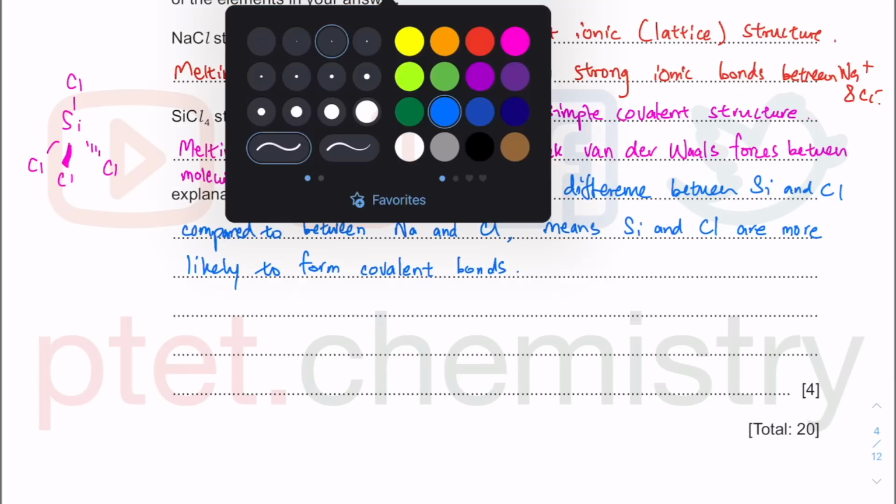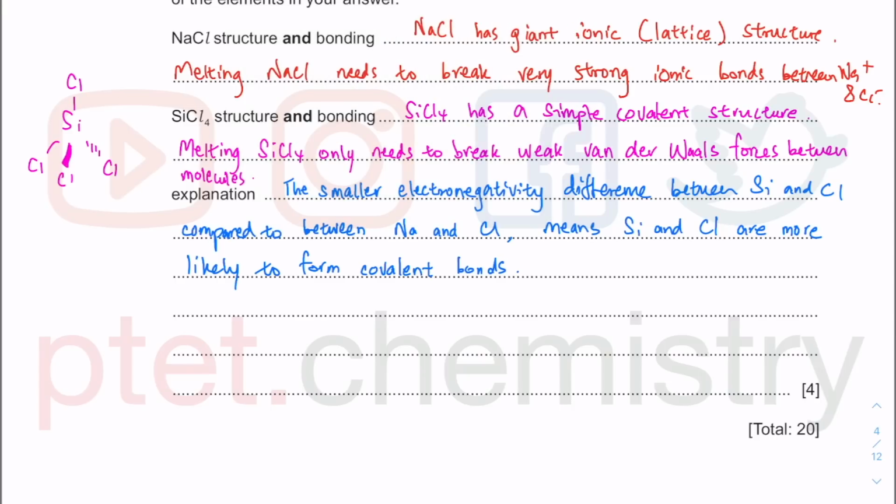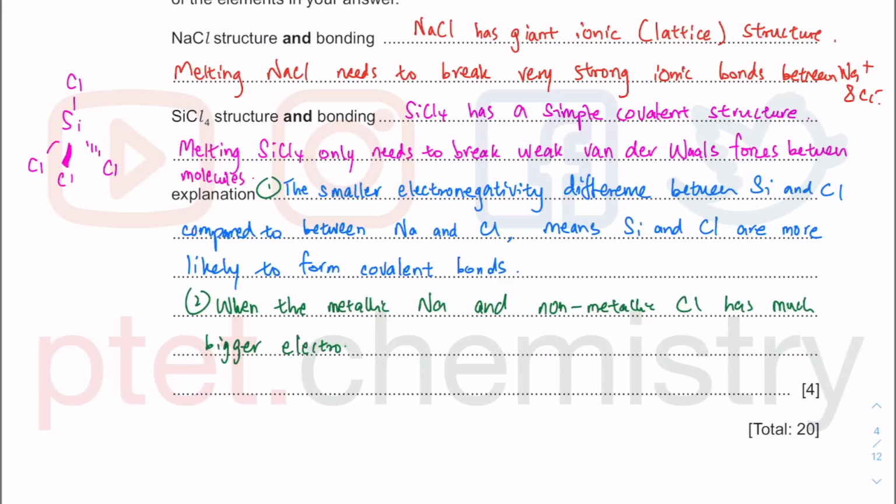I haven't mentioned anything about the ionic bonds, so I don't think I'll get the full marks yet. So when the metallic sodium and non-metallic chlorine have a much bigger electronegativity difference, this shifts the bonding spectrum towards being ionic.